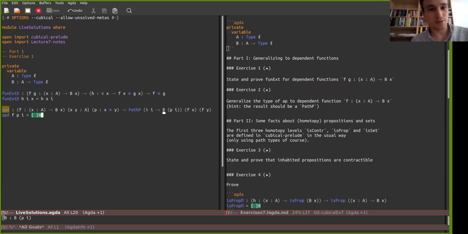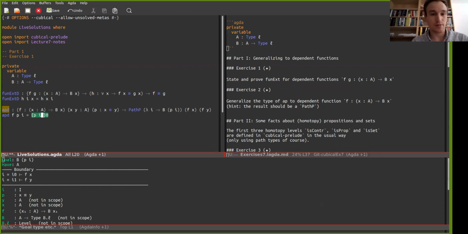Okay, proving this actually works the same way as the normal app. We have to provide something of type B of P of I. If we take P of I, this is something of A, so we can apply F to it.